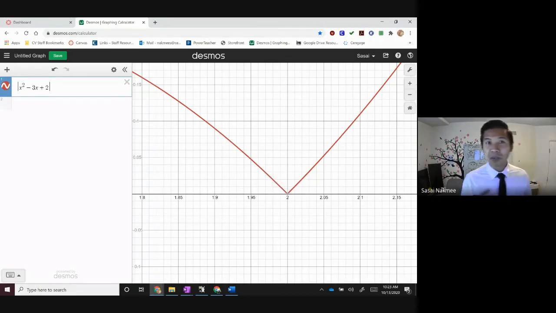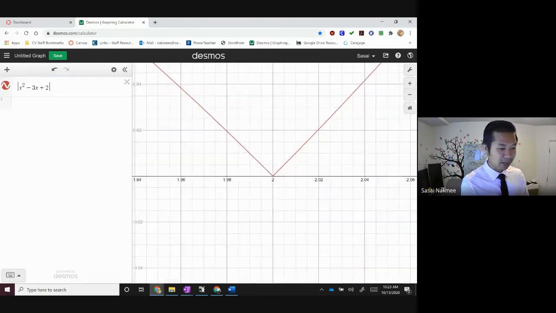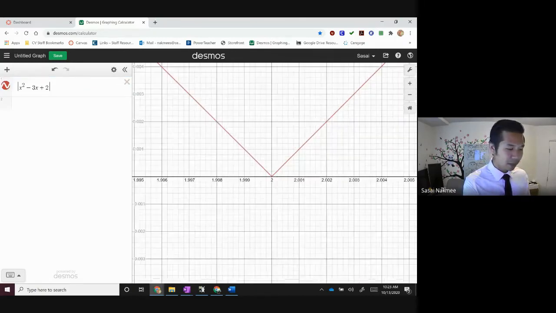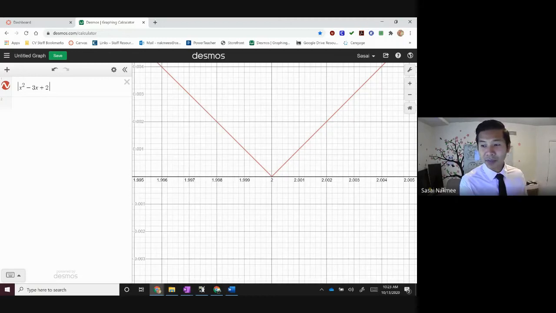They don't approach the same limit as they approach 2. As I get closer and closer to 2 over here, the derivative is getting more and more negative. The tangent line is getting more and more negative. As I approach it from the right-hand side, the tangent line is getting more and more positive. So as I get closer and closer to this point, this thing is not differentiable at x equals 2.